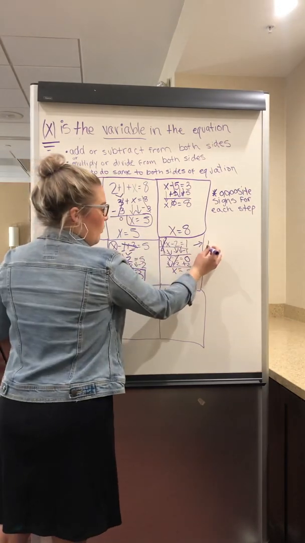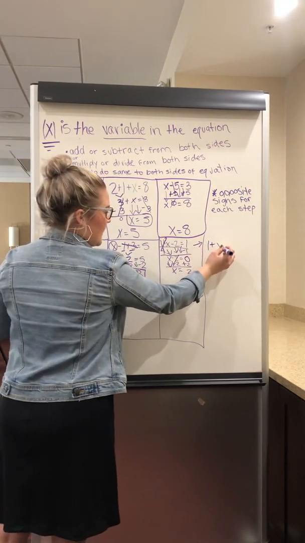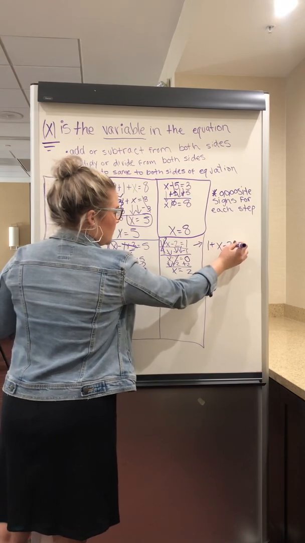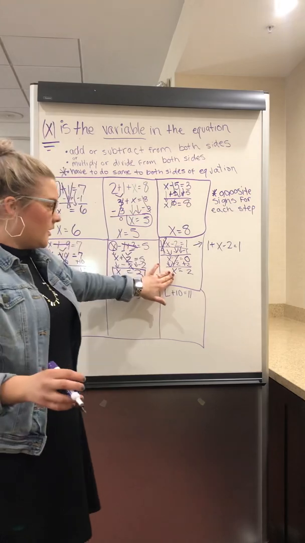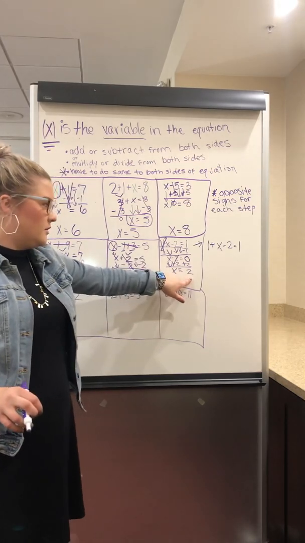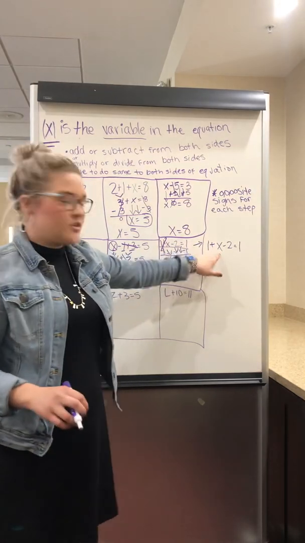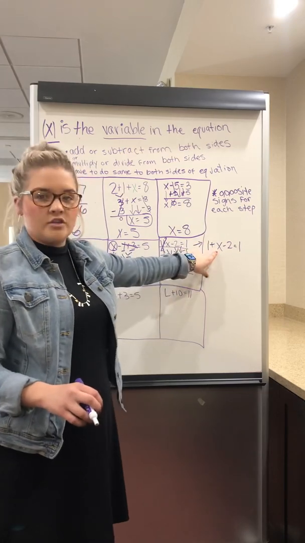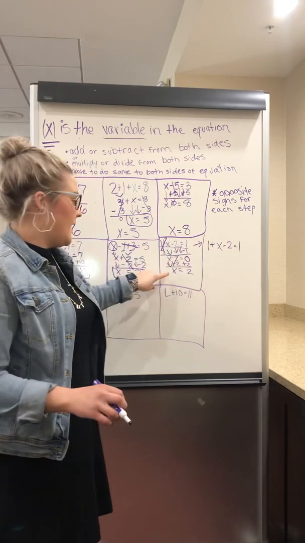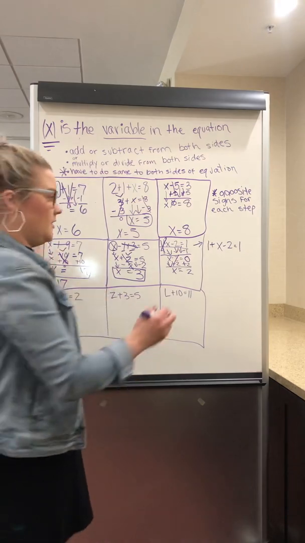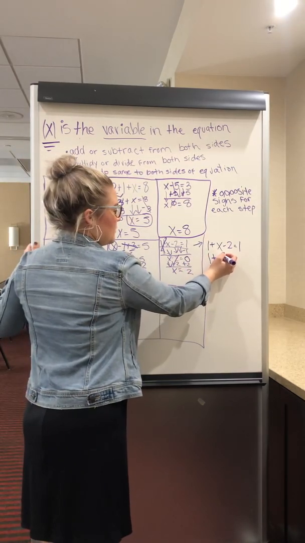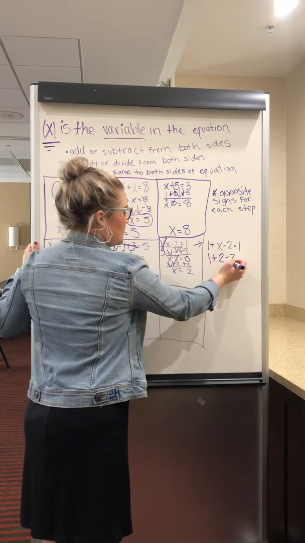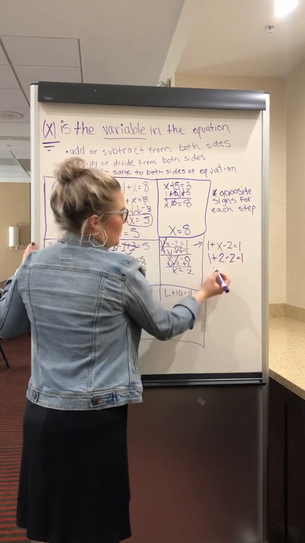So it was 1 plus x minus 2 equals 1. We have shown here that x equals 2. So we're going to substitute our x for the 2 since we have identified that x equals 2 by solving the problem. So we're going to rewrite it, 1 plus 2 minus 2 equals 1.